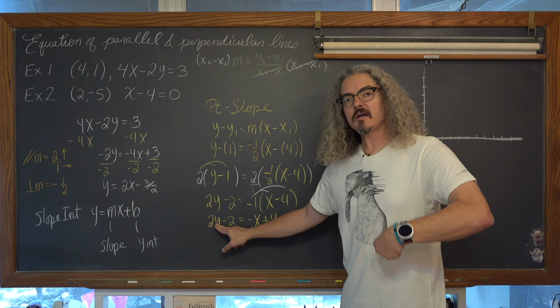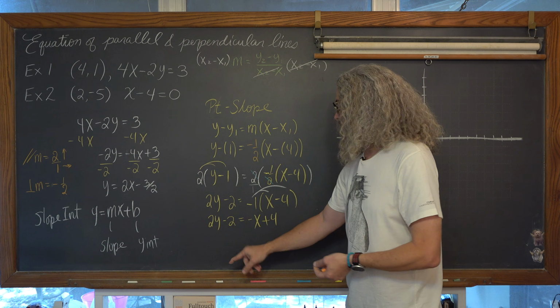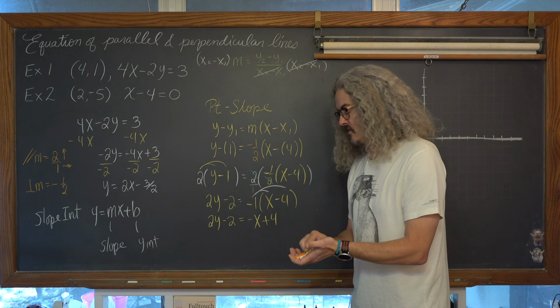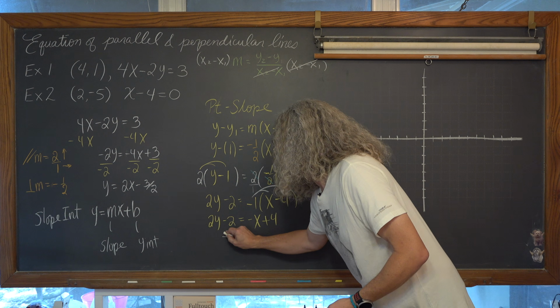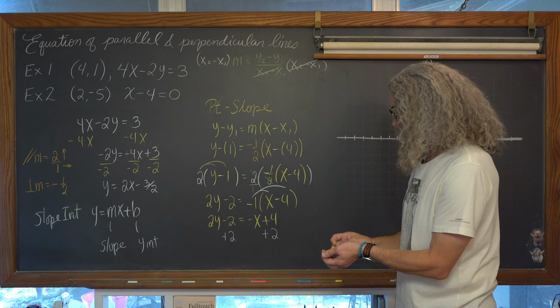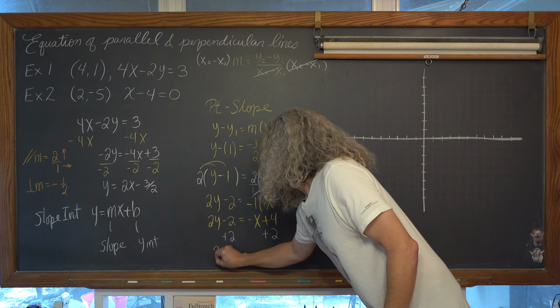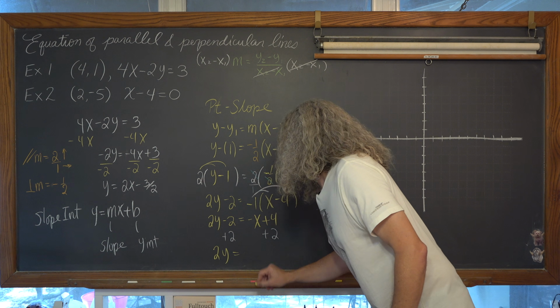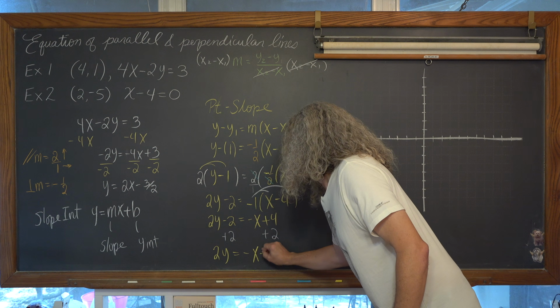On the left hand side we have that variable of y. We're trying to isolate that. We want to undo the subtraction of 2 by adding 2 to both sides. And by getting rid of that fraction, I've added a couple lines to my work and now I'm running out of space, but that's okay.